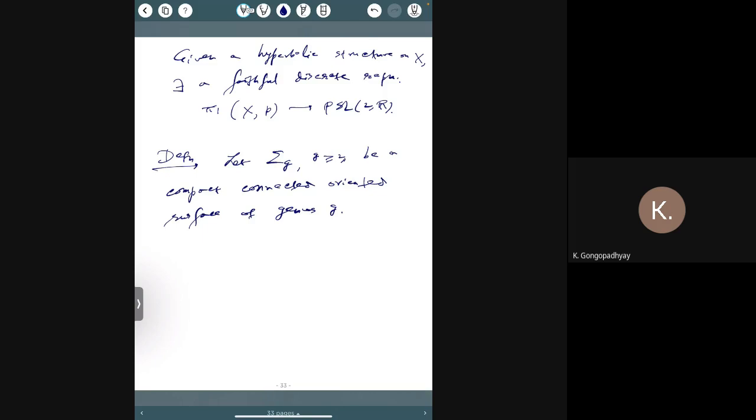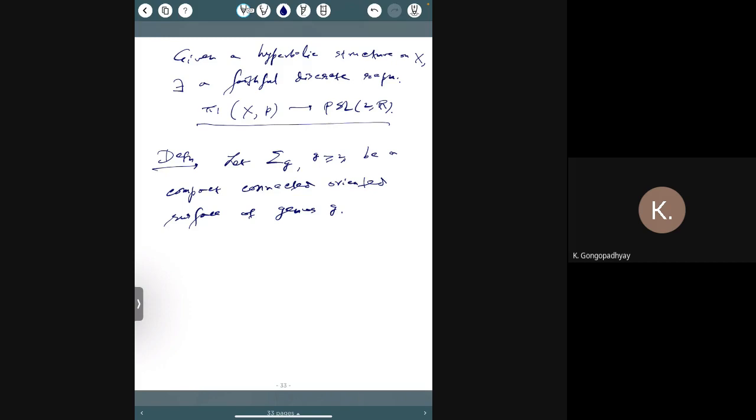Now you fix this surface. Now on the surface, fixing this surface, you can give all sorts of hyperbolic structure in the way I have described. And for each hyperbolic structure, you get a representation of this type.